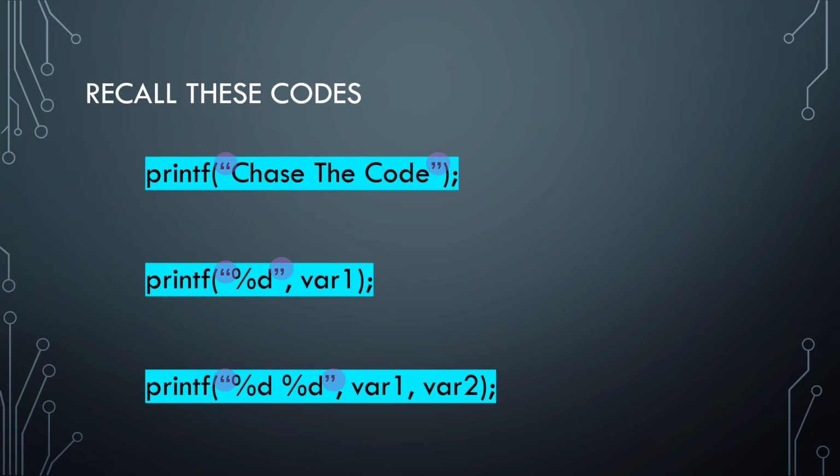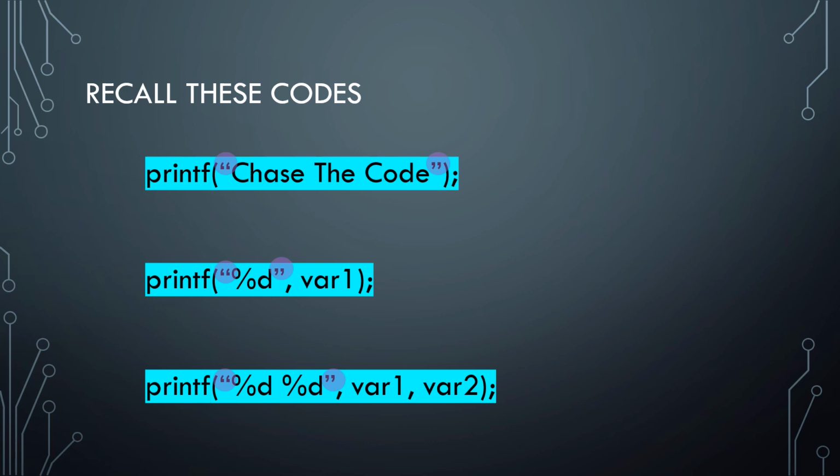If you observe the third code, inside the double quotes you have two %d in between, and there is a space, right? After that, you have two variables, var1 and var2. The first %d takes the first variable var1 and the second %d takes the second variable var2. Suppose var1 has the value 3 and var2 has the value 4.